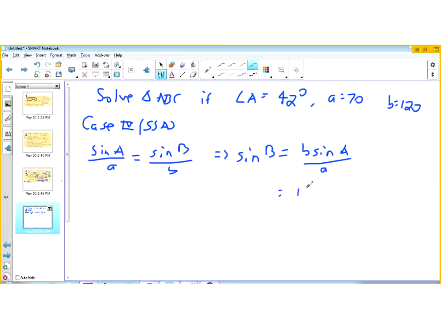Plugging in the numbers, b is 120, and the sine of 42 degrees divided by 70.